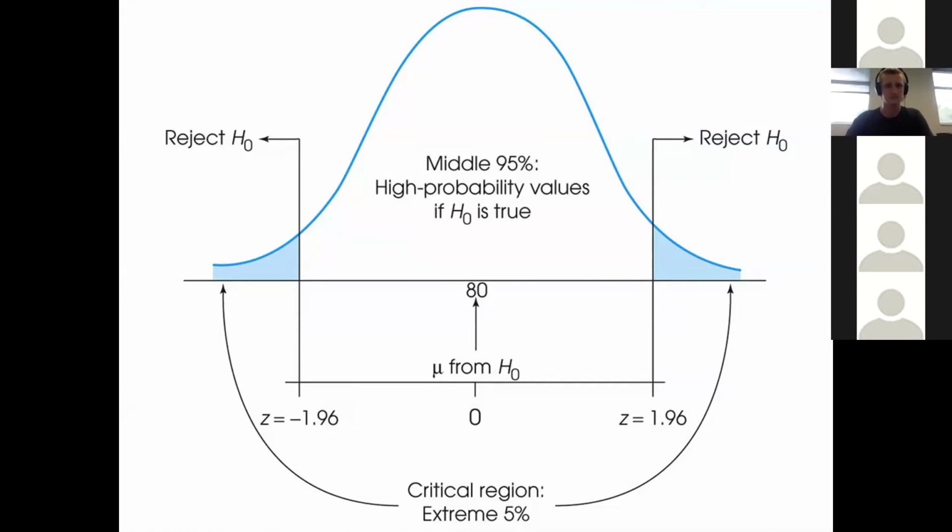All right, so let's put some concrete values to this. Let's say I was only going to say that the coronavirus vaccine was effective if and only if the value it gave me had less than a 5% chance of being the sample from that population.